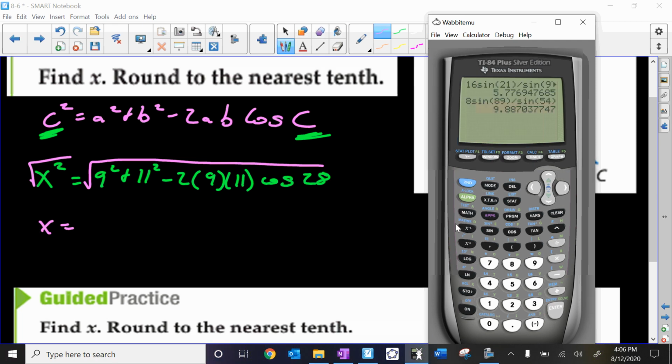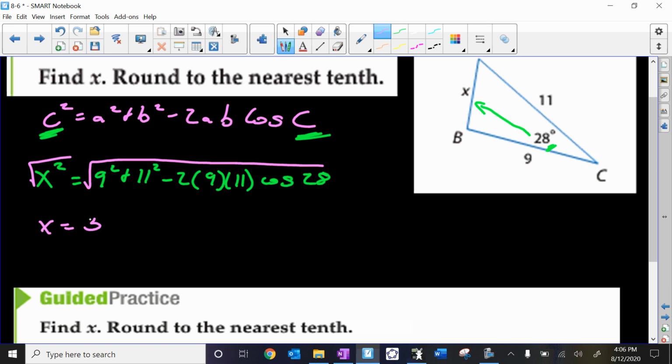So we're going to say we want the square root of 9 squared plus 11 squared minus 2 times 9 times 11 cosine of 28, which gets us a length of approximately 5.2. Is your side length.